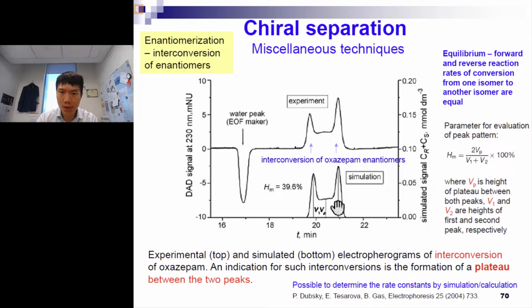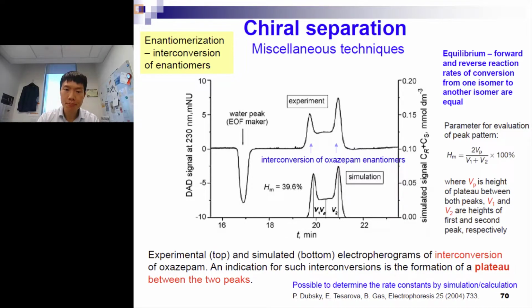The V1 and the V2 there. So this top trace shows the experimental result, and below here it shows the simulated result. And if you can do some simulations and calculations, it is really possible to determine the rate constant for this interconversion between the two enantiomers.